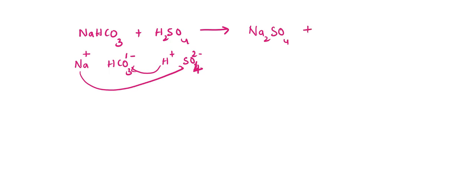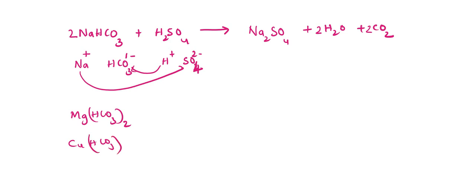Na2SO4 plus water and carbon dioxide gas. Try to balance the equation. 2 here, 2 water, 2 carbon dioxide gas. And you try with magnesium bicarbonate and copper bicarbonate in your running notebook.